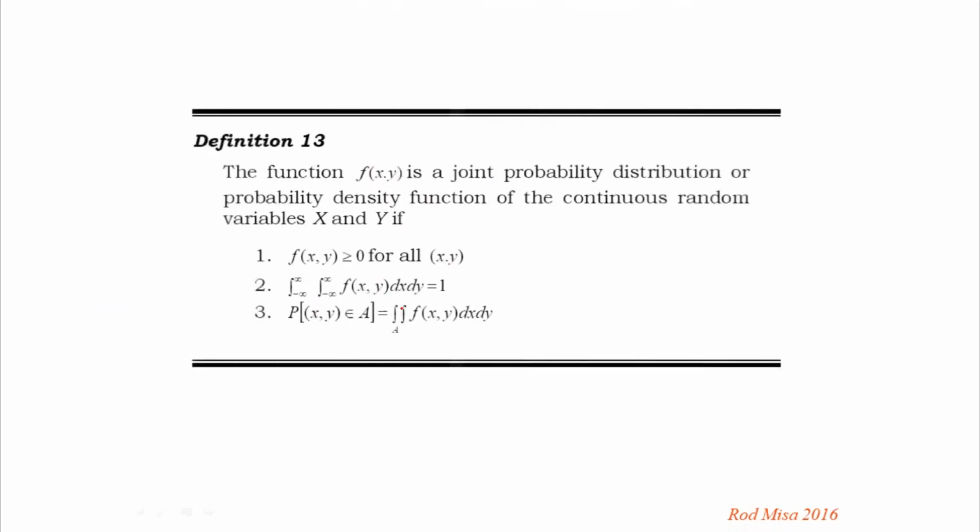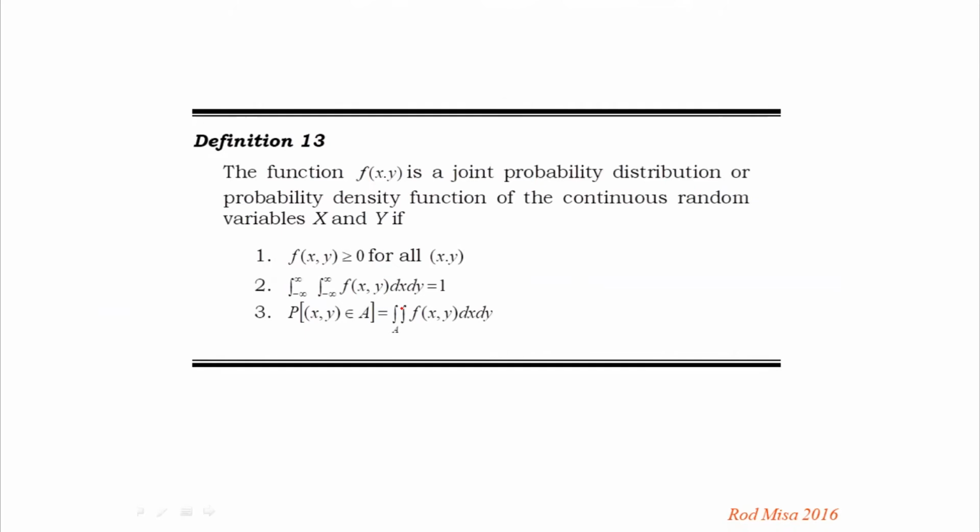Now let's proceed to our definition 13 here. This definition is the joint probability function for continuous random variables. So at this point, I will be discussing the joint probability distribution for continuous random variables.